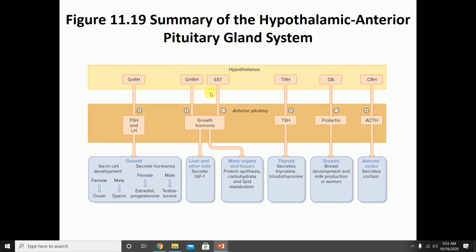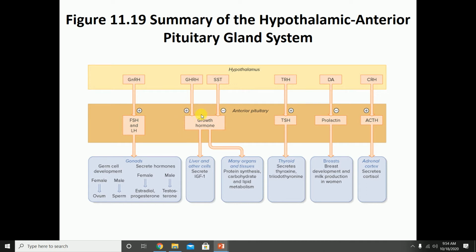The next set of hormones are related to growth hormone. We've got growth hormone releasing hormone and somatostatin. Growth hormone releasing hormone, as you can see, is stimulatory, while somatostatin is inhibitory. These two hormones will either stimulate or inhibit the anterior pituitary to release growth hormone.